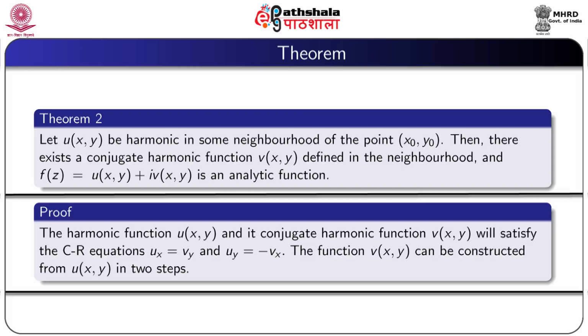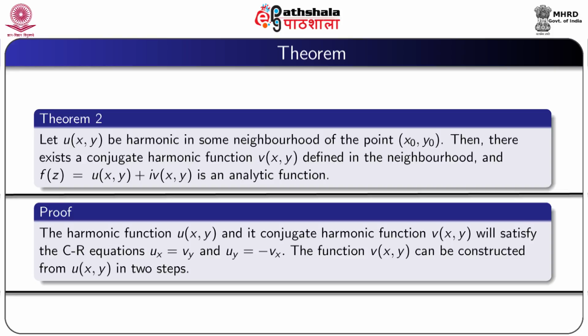So, we give proof of this result. The harmonic function u(x,y) and its conjugate harmonic function v(x,y) will satisfy the Cauchy-Riemann equations u_x = v_y and u_y = −v_x.